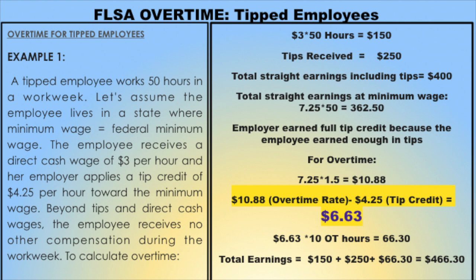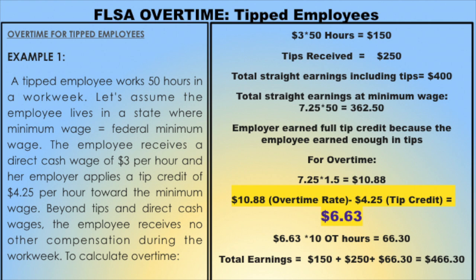So we will compare what she is earning and what she should get at the minimum wage. Because she is earning more than the straight earnings at minimum wage of $362, the employer earned the full tip credit because the employee earned enough tips.